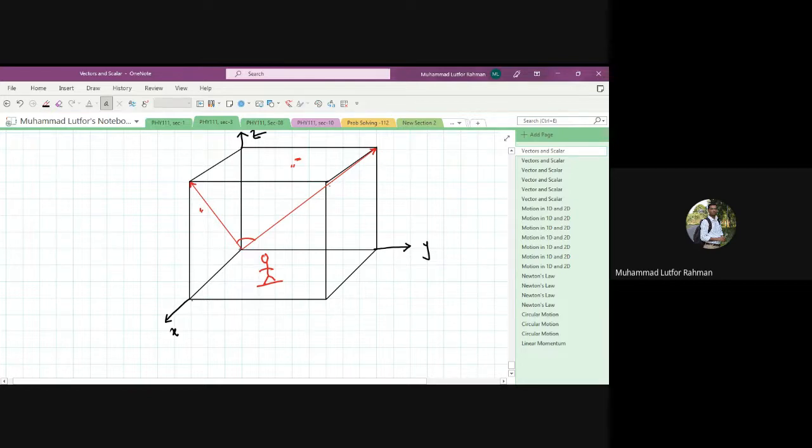Or you can use any number because it's a cube, all the lengths are equal, right? Yes, sir. All right. For simplicity, I'm taking this as one unit. Say I label that vector. This is the vector A, and this is the vector B. Now, what will be the coordinates of that point?